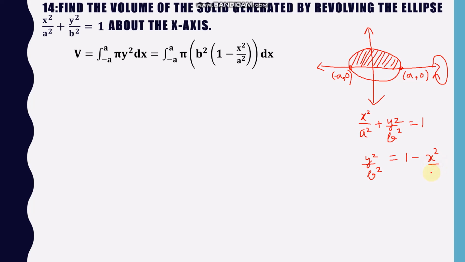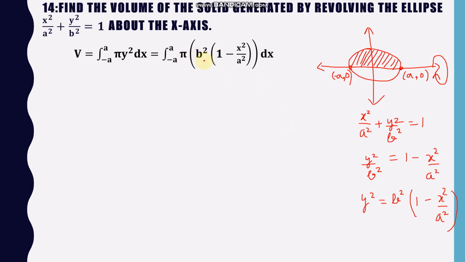So y square will be equal to b square times 1 minus x square upon a square. We'll put this value in the given integral.